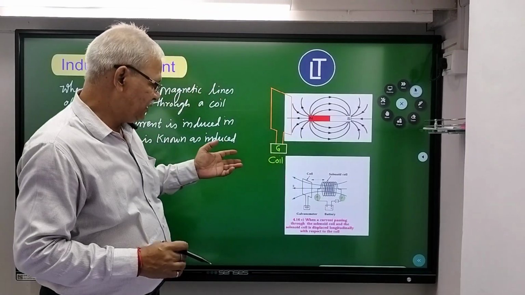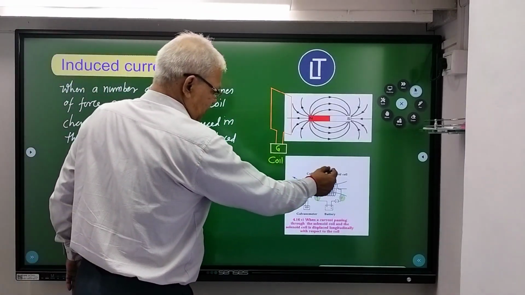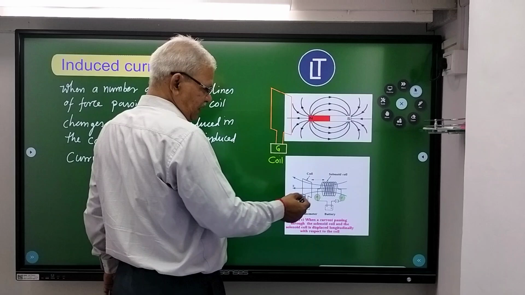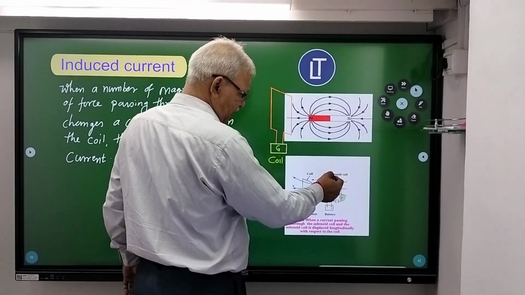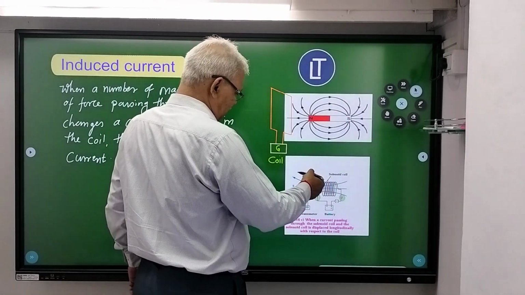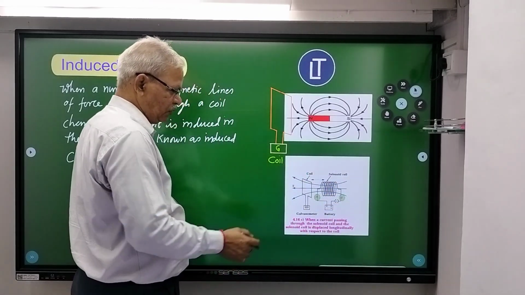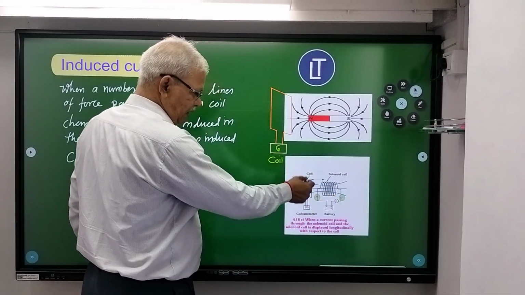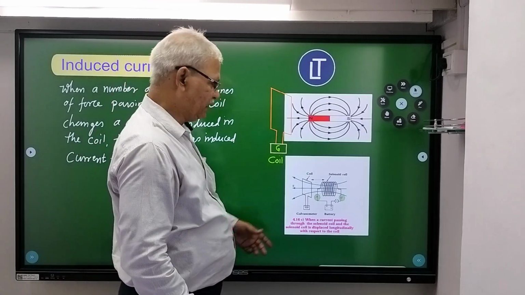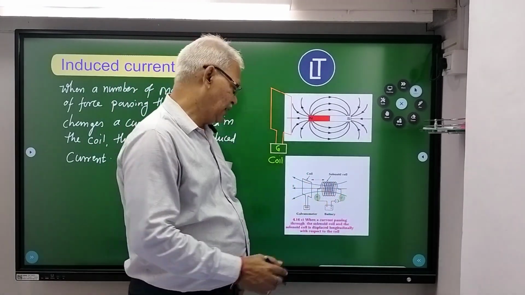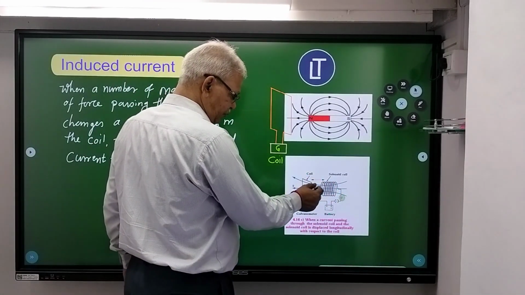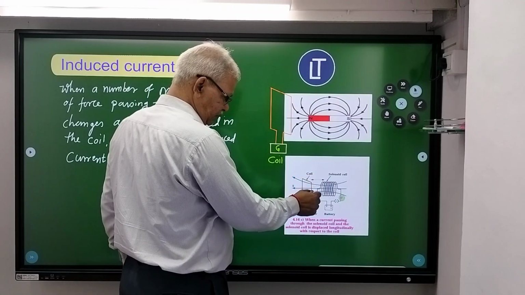Okay. Now see here, in this figure we are having the solenoid and a coil. Solenoid is working as a bar magnet. The magnetic lines of force passing through the coil is shown here.